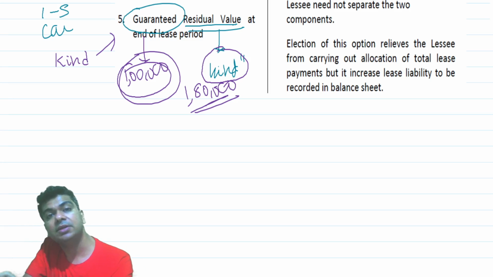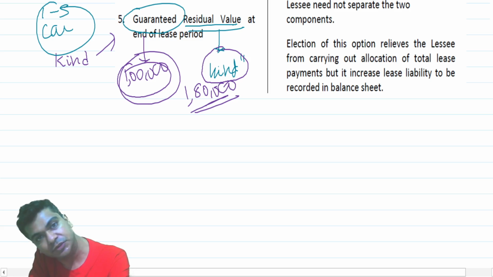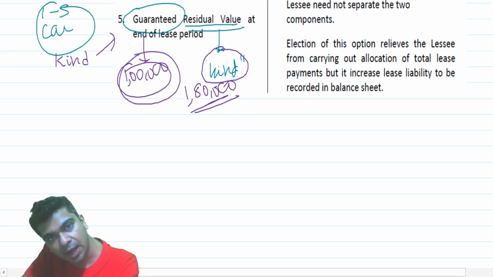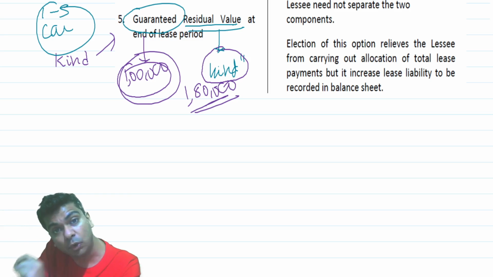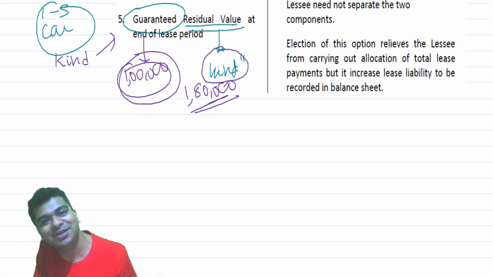For example, let us say you are the lessee and I am the lessor. I am giving you a car on rent for 5 years. It is quite possible that you may use this car, as I was saying earlier also, recklessly. You think, I don't own this car, isn't it?